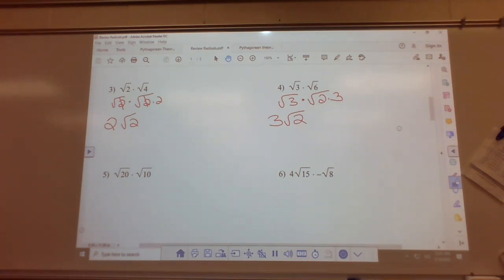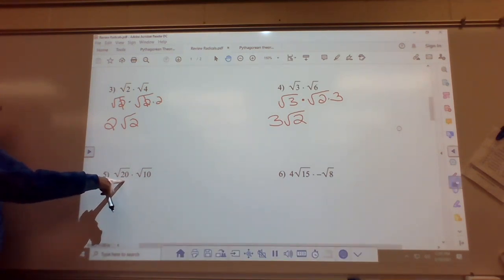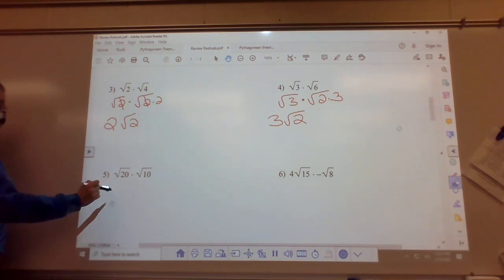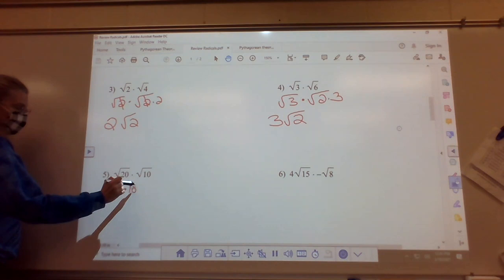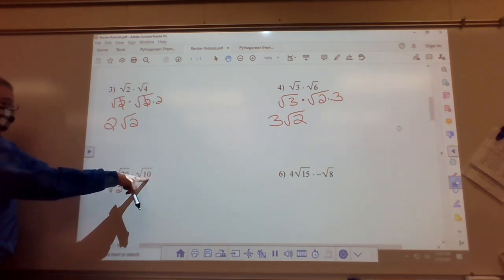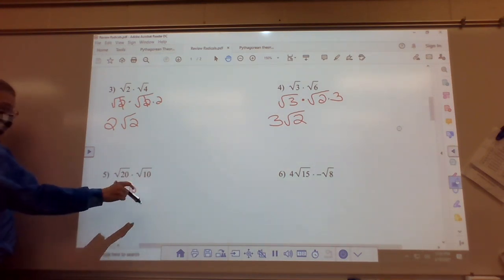Now the next one's slightly bigger numbers. So let's look at the next guy. 20. Can we factor 20? Yeah. What does 20 factor as? 2 and 10. So I have a 2 times a 10. And then this 10, I'm going to actually just leave a 10 because I already have a partner.